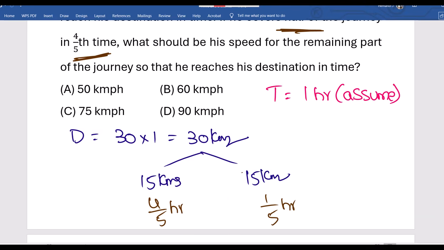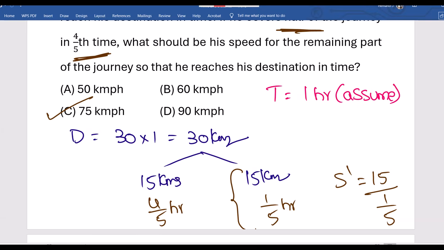Now, what is the speed you have to maintain here? Speed is distance by time. Distance 15, time 1 by 5, answer. What they said is, if you travel 4 by 5th of the time, only half of the journey is completed. The remaining half of the journey you should complete in 1 by 5th of the time.